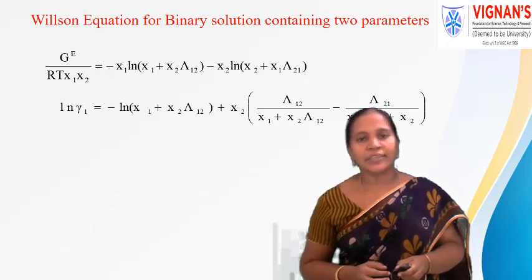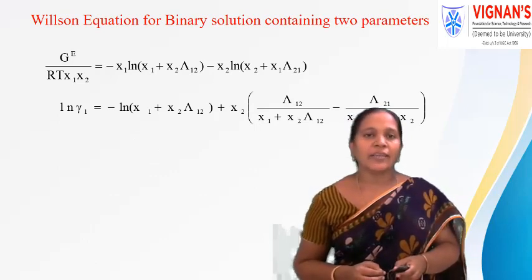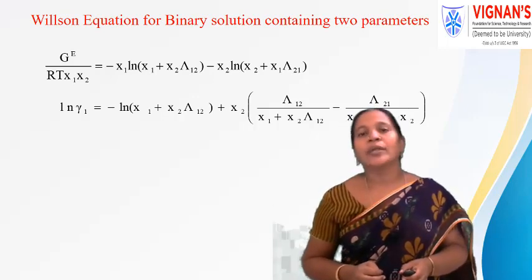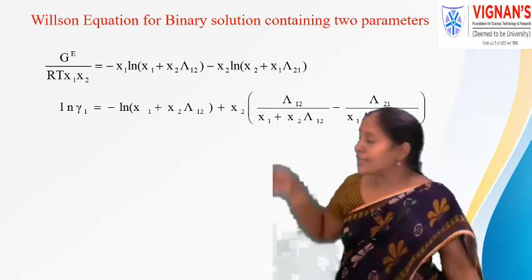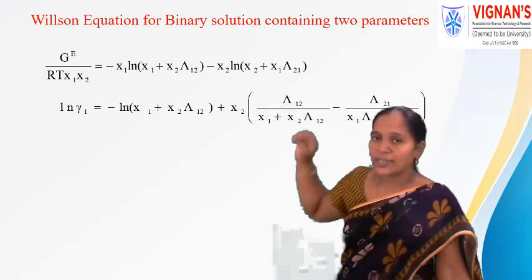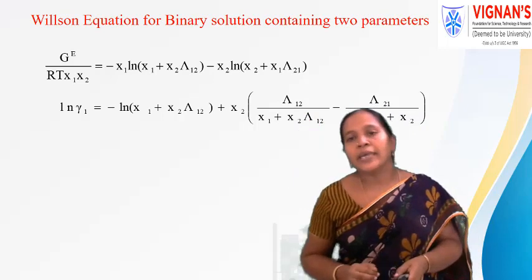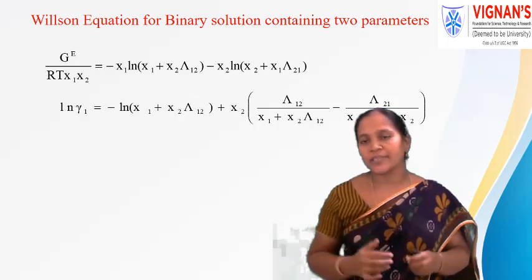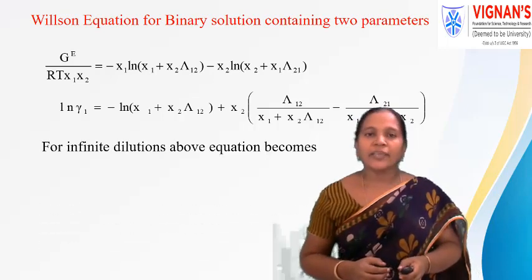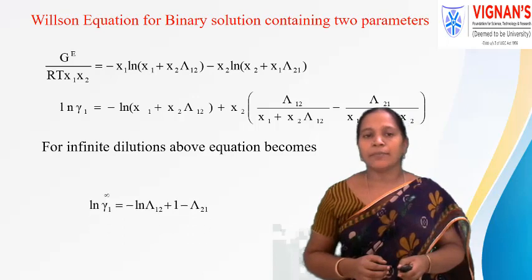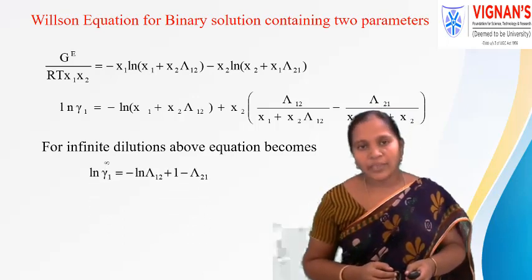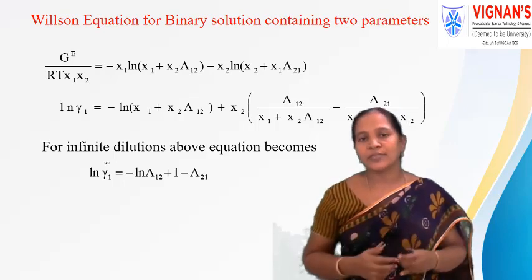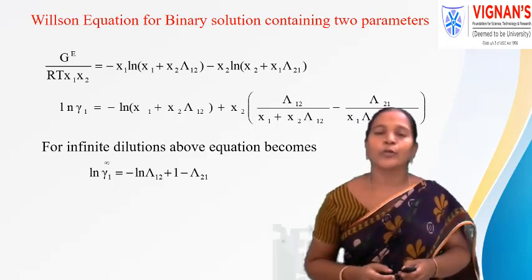Therefore, ln gamma 1 is equal to minus ln x1 plus x2 delta 12 plus x2 into delta 12 divided by x1 plus x2 delta 12 minus delta 21 divided by x1 delta 21 plus x2. For infinite dilution, the equation becomes ln gamma 1 infinity is equal to minus ln delta 12 plus 1 minus delta 21.